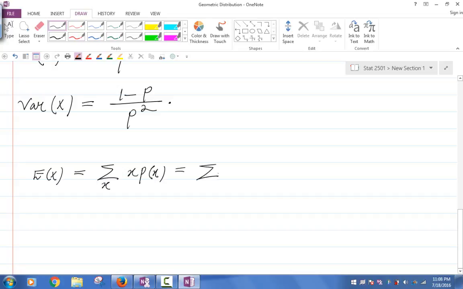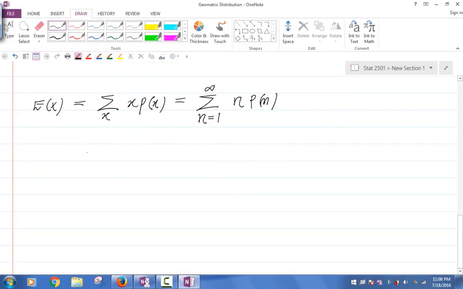For a geometric distribution the values are all positive integers, so n going from 1 up to infinity, n times p of n, which is equal to the summation, n going from 1 up to infinity, n times (1 minus p) to the exponent n minus 1 times p.